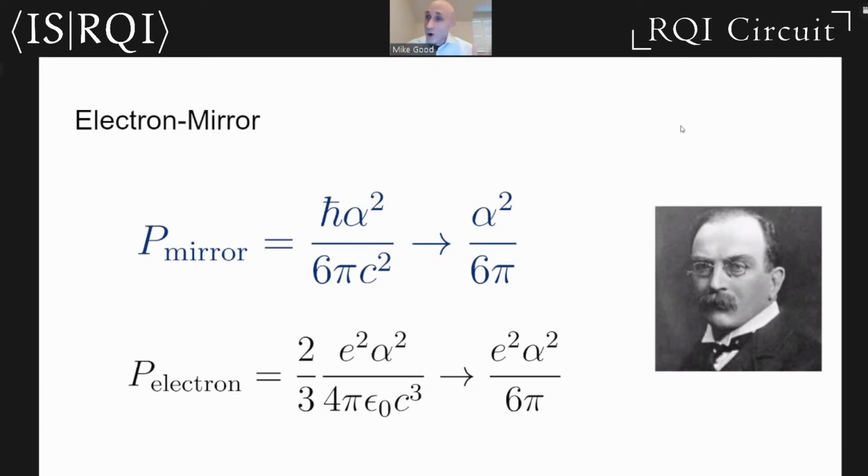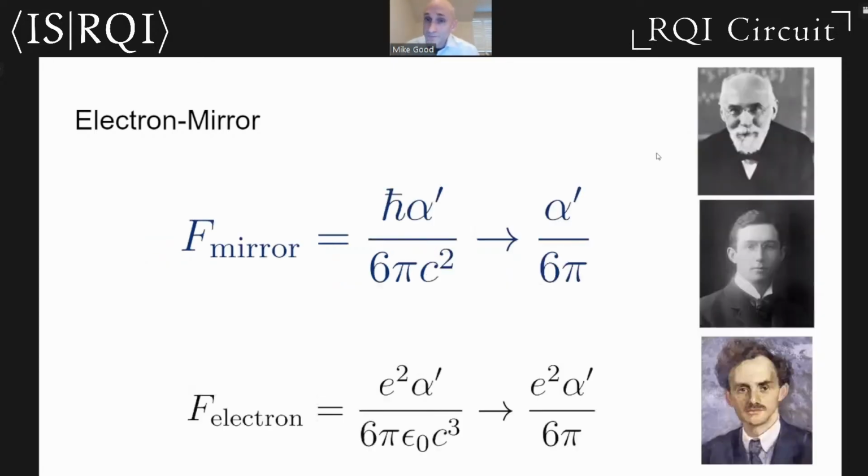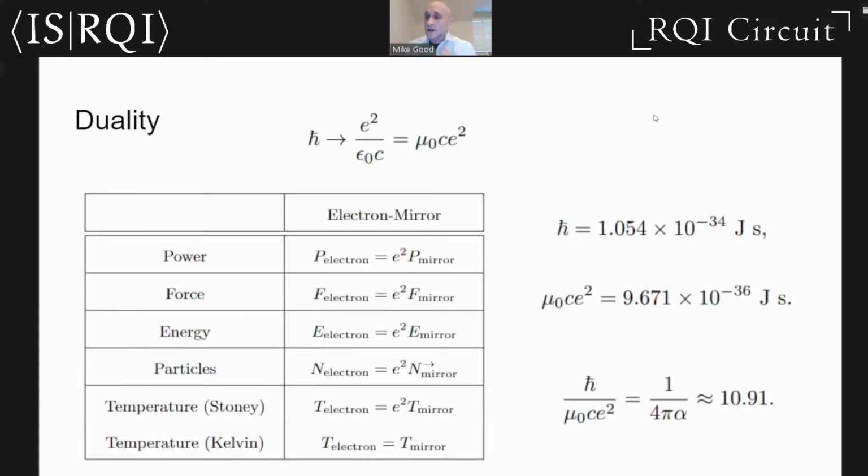And Larmor power has an analog where the power is proportional to the acceleration squared. The only difference is by a constant, where h bar is effectively turned into the electric charge. It works for the Lorentz-Abraham-Dirac force, which is simply the jerk, the time derivative of the acceleration with respect to the proper time. It's in fact quite an incredible functional identity between the moving mirror and the electron.